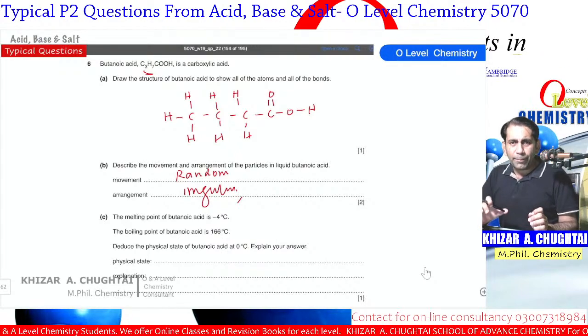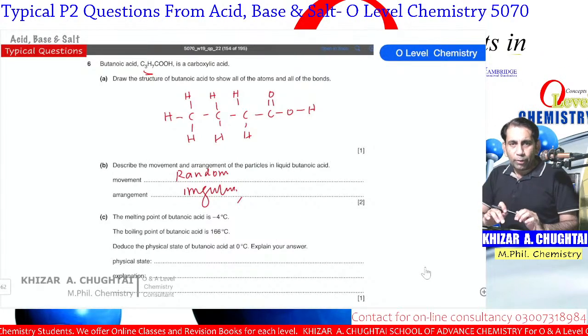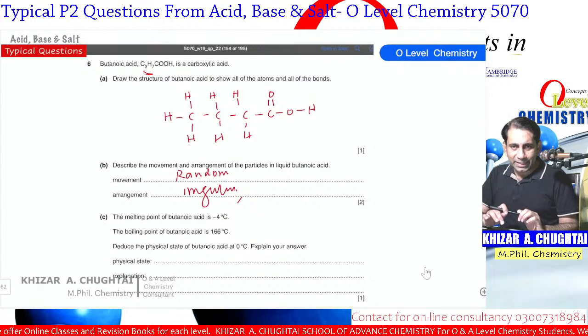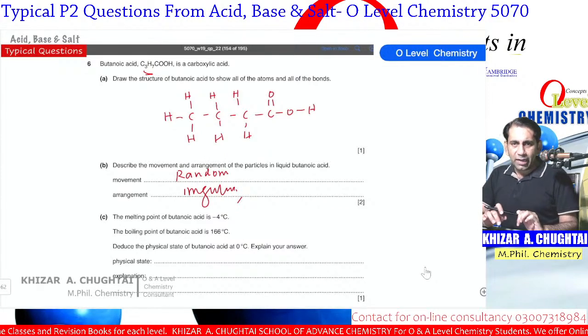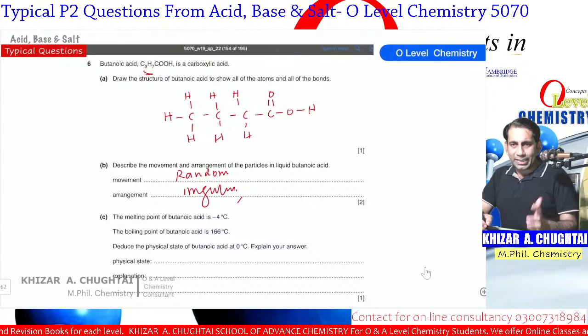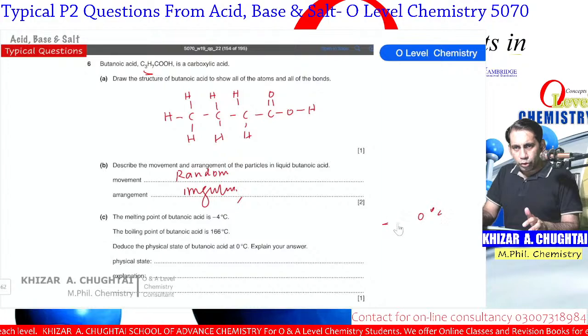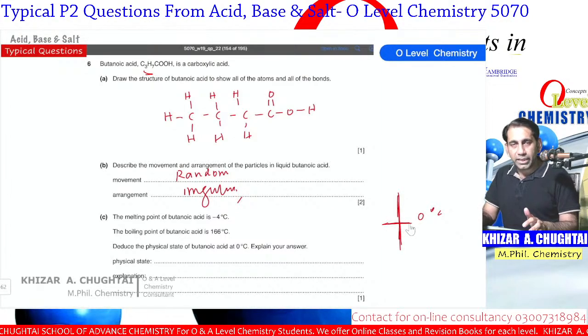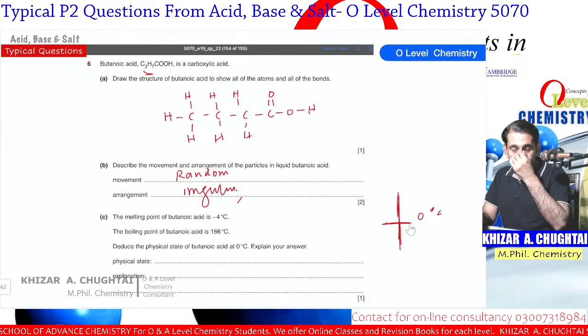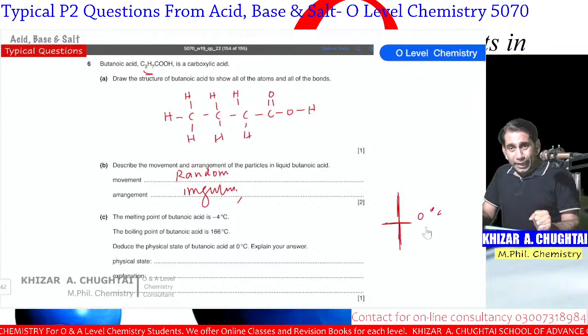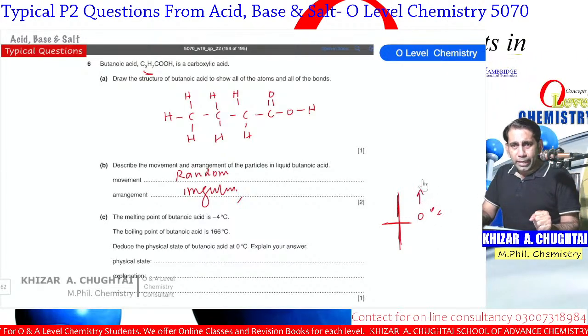The melting point of butanoic acid is -4. The boiling point of butanoic acid is 166 degrees Celsius. Deduce the physical state of butanoic acid at 0 degrees centigrade. I'm going to mark a line now. You can draw a scale, my own scale, if you are familiar with my book. 0 degrees Celsius, and you are going to increase this.